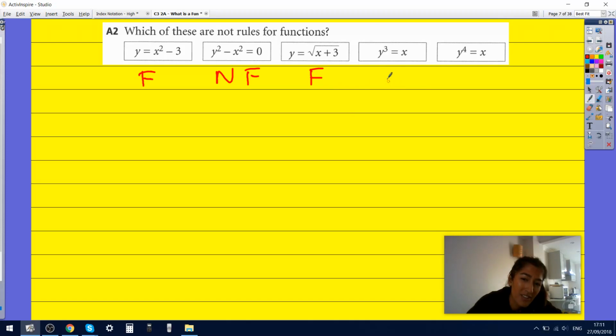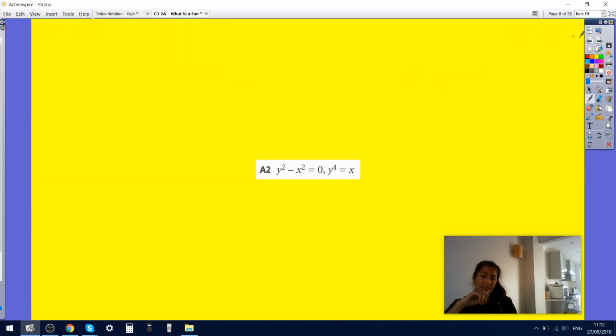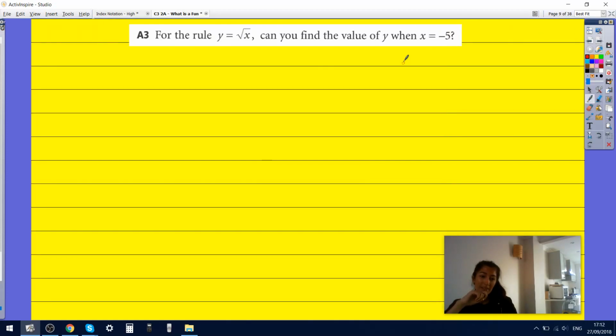Is that one a function? Yeah. And that one isn't. Yeah, that's right, because that's an odd number. So the cube root of minus 1 would be just minus 1. This one, though, the fourth root could be plus or minus, because you could split y into r squared.